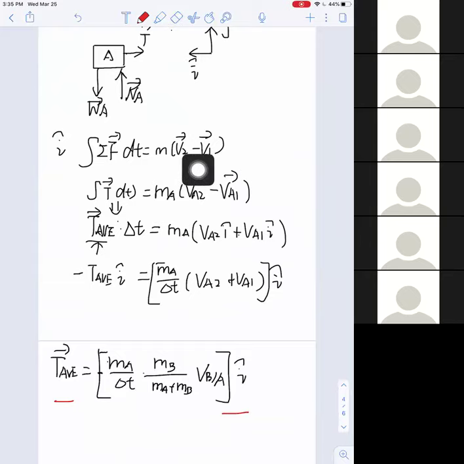V2 minus V1, and here VA2 minus VA1, and down here, you're right. I think this should be negative, right? Now it should be right, Chase? Yeah, now that looks right.